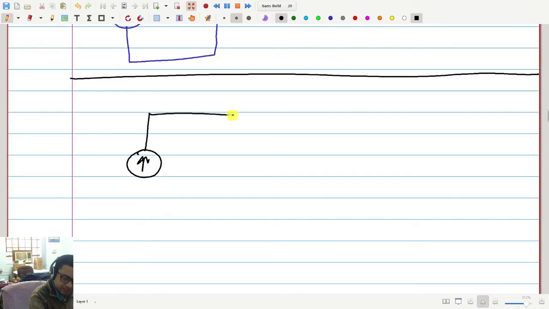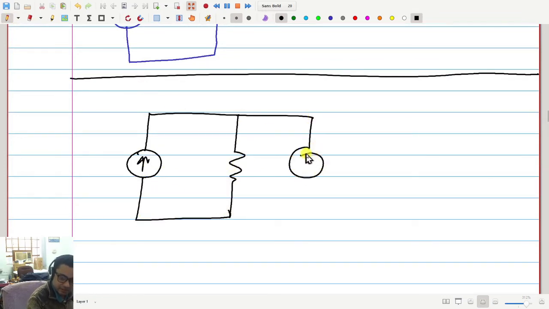Suppose there is this configuration. Sir, I have a doubt in the previous question. Go ahead. If we exchange the 4 ohm resistor with a 5 ohm resistor, then there is no power dissipation across the current source. How is it possible?